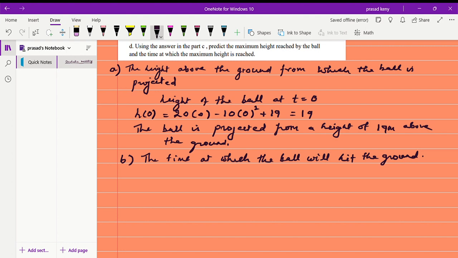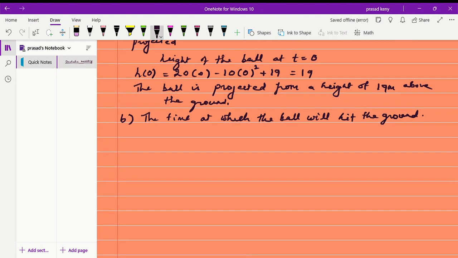So obviously its height from the ground will be 0 meters. That means I'll equate h of t to 0. So that will give 20t minus 10t square plus 19 equal to 0, or 10t square minus 20t minus 19 is equal to 0. I have shuffled the terms and changed the sign to make the t square coefficient positive.